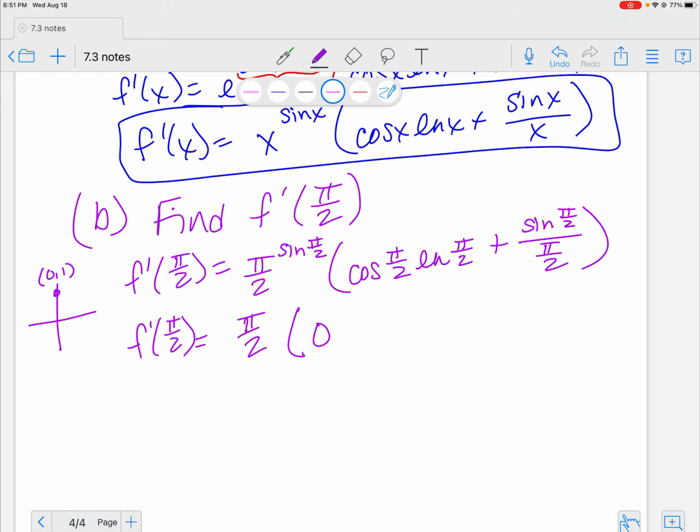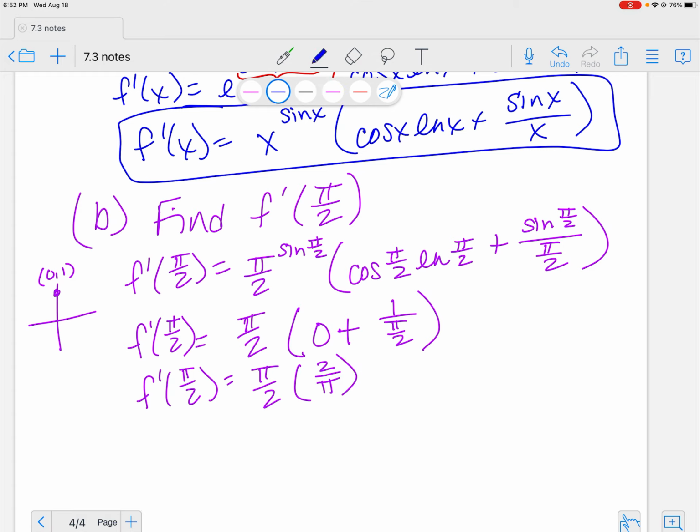So 0 times anything is 0 plus 1 over the pi over 2. Okay, so f prime of pi over 2 is equal to pi over 2 times 2 over pi, because it's the reciprocal. Those cancel. And my final answer is 1. Yes, you're exactly right.